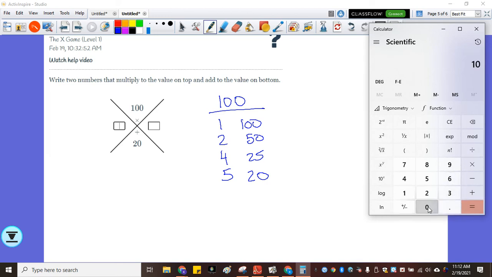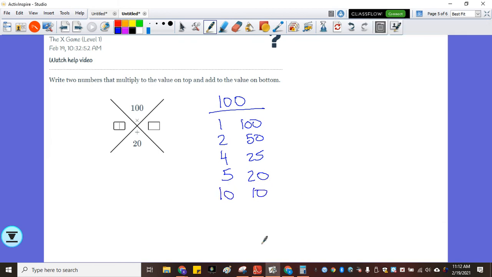6 decimal. 7 decimal. 8 decimal. 9 decimal. 10 factor. So 10 and 10. So 10 times 10 multiplies to 100, and when you add them, I get 20.